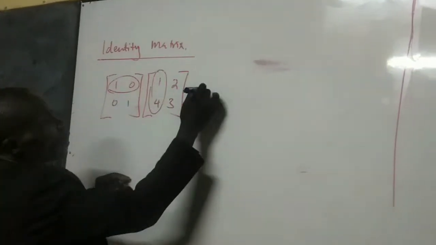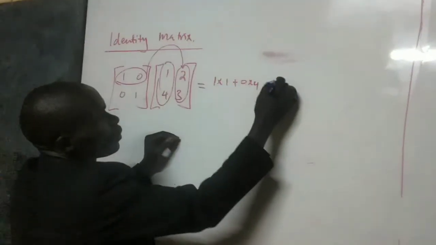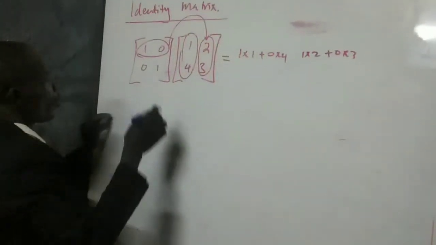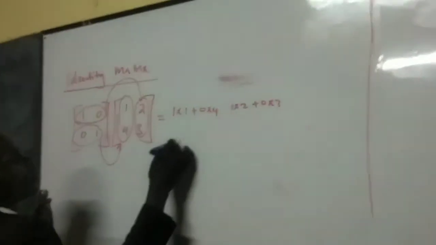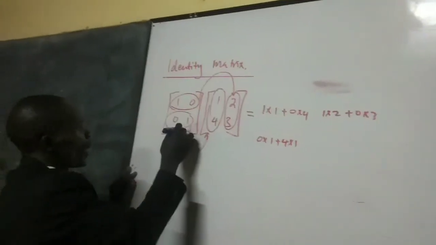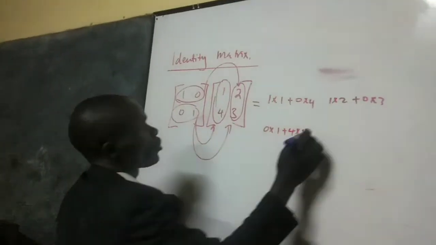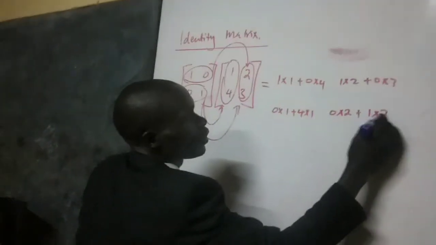1 times 1 plus 0 times 4, and that row by that column, which will be 1 times 2 plus 0 times 3. When you multiply the second row by the first column, that is 0 times 1 plus 1 times 4, and then you multiply the second row by the second column, and that is 0 times 2 plus 1 times 3.